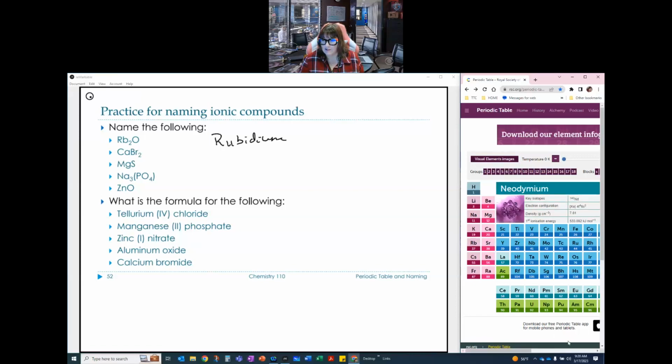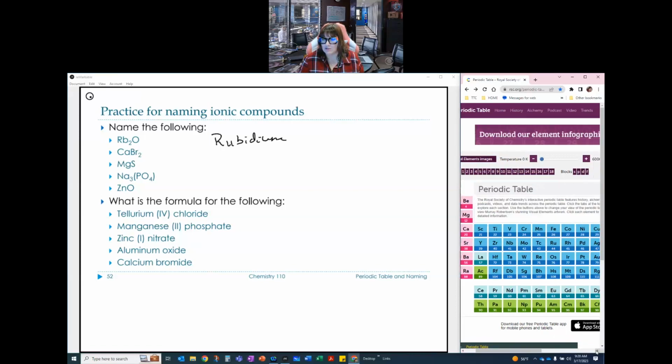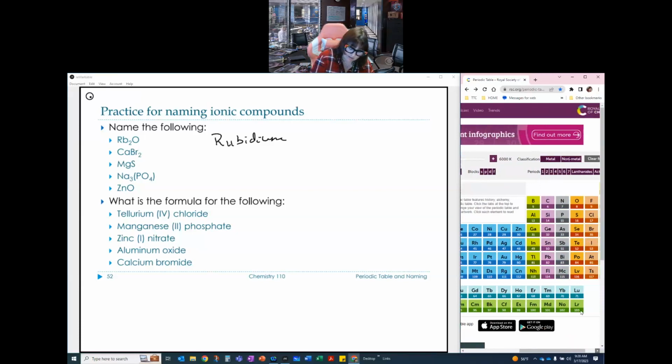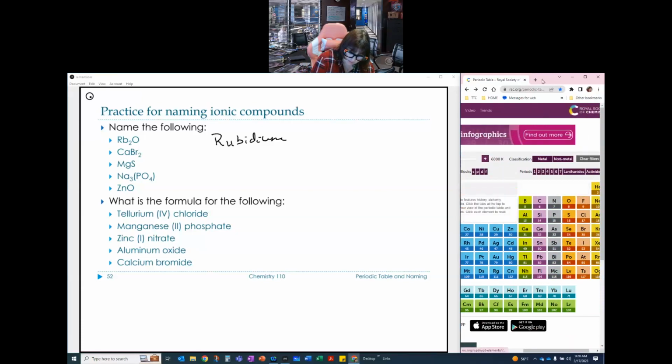And then I have oxygen. He's an O. Yeah, that's oxygen. He becomes an oxide. And again, since it's an ionic compound, that's all I have to do. It's rubidium oxide. So there's no ambiguity in what the charge is for rubidium there, so I don't need to indicate anything else.